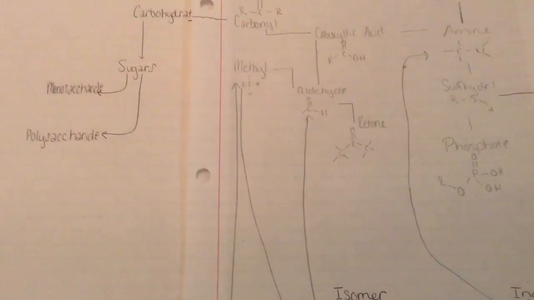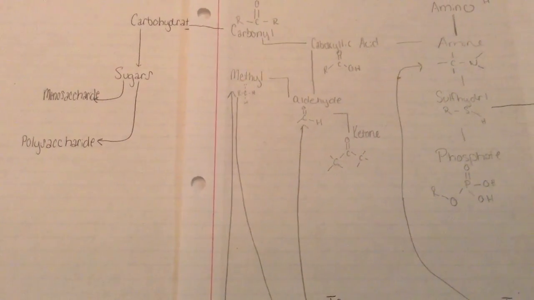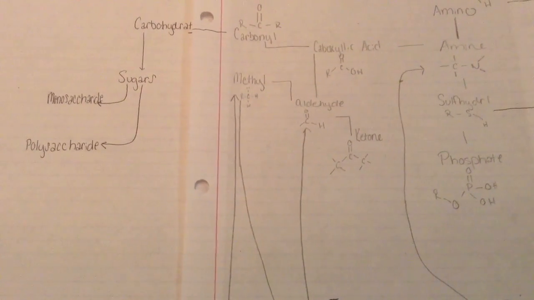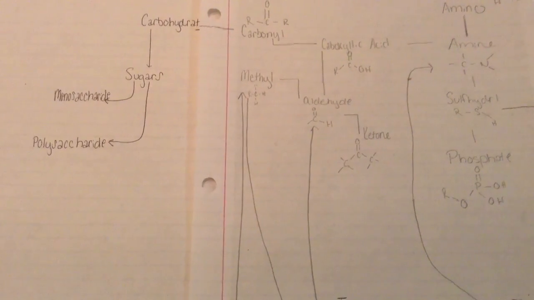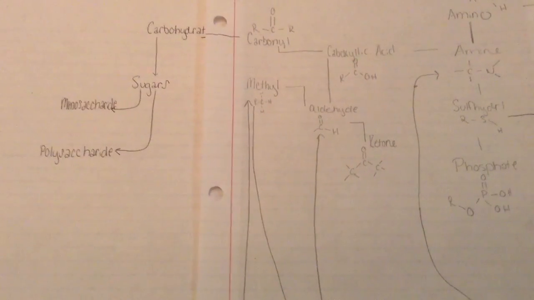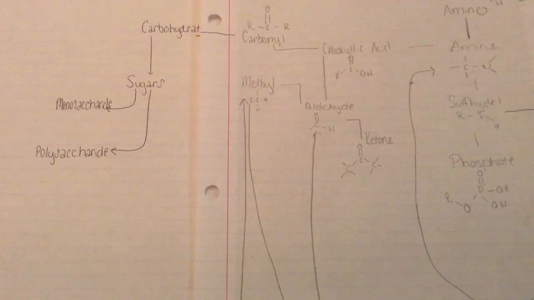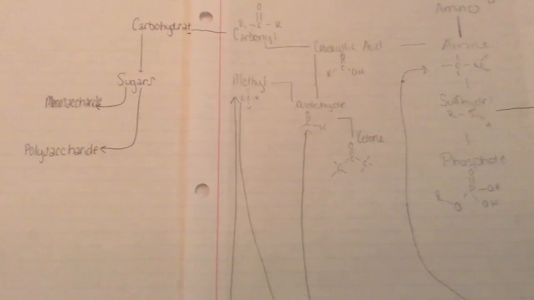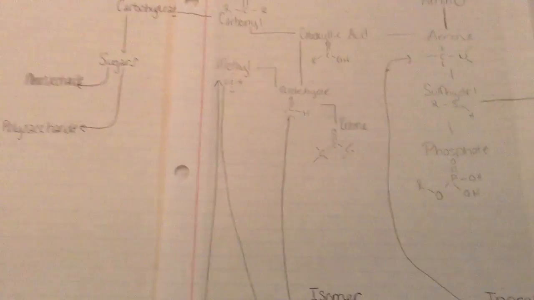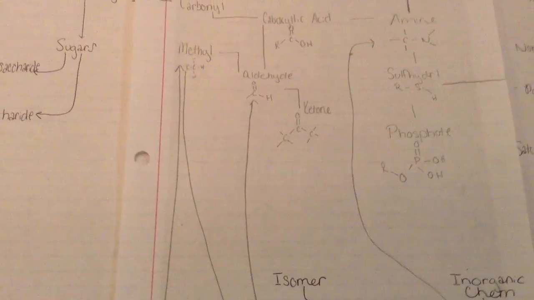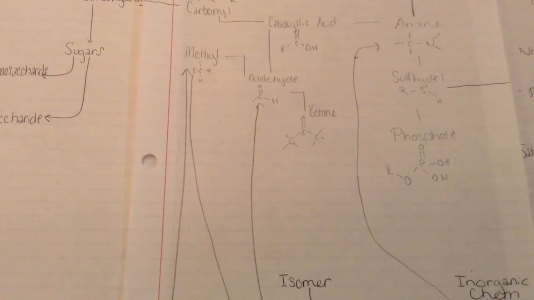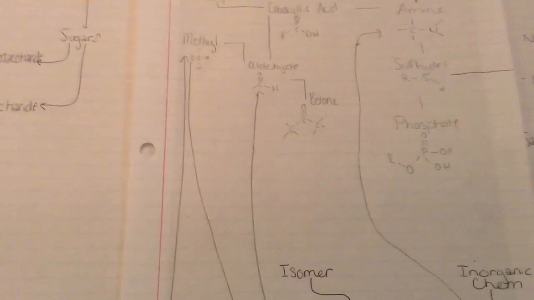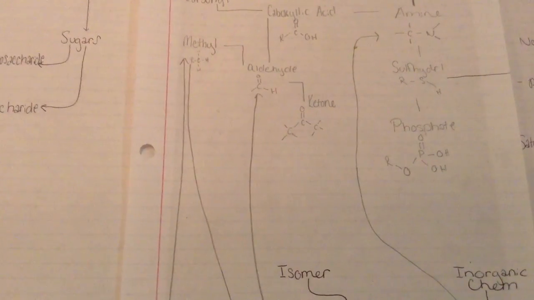And so first is methyl, and methyl is just a substituent. It's C with 3 H's around it connected to an R group, which for these purposes, R is a carbon chain, carbon-hydrogen chain.